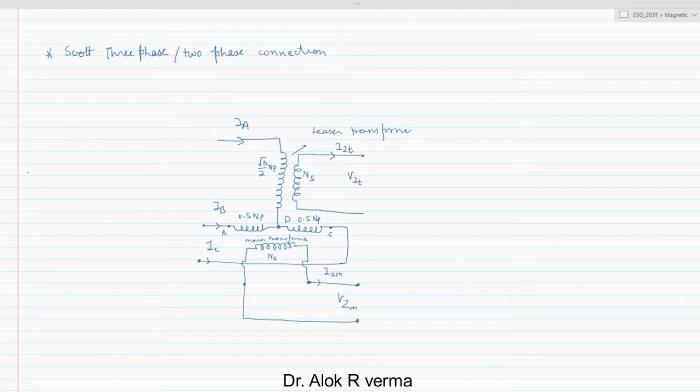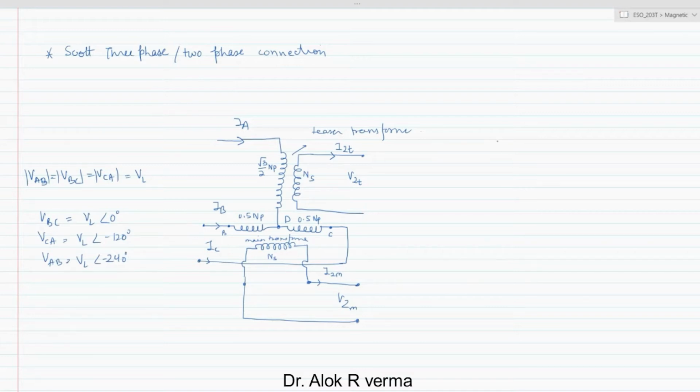So we can write here VAB, VBC, VCA. The magnitudes of all three voltages are the same, which is nothing but V line. Now suppose we consider VBC as a reference. So VBC is VL angle 0, then VCA will be VL angle minus 120, and VAB will be VL angle minus 240 degrees.